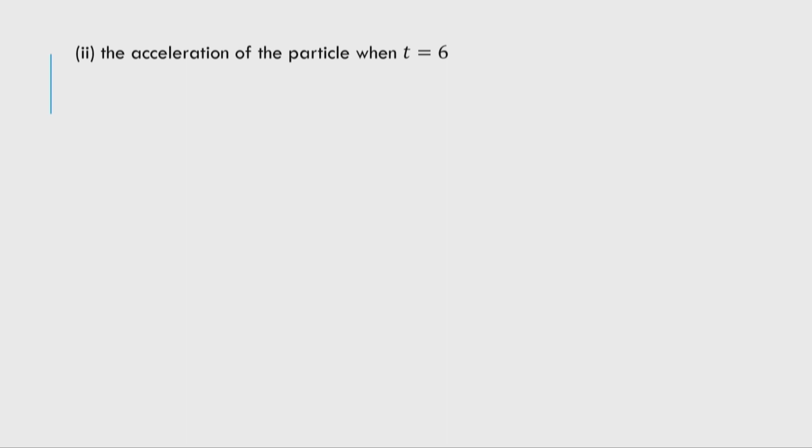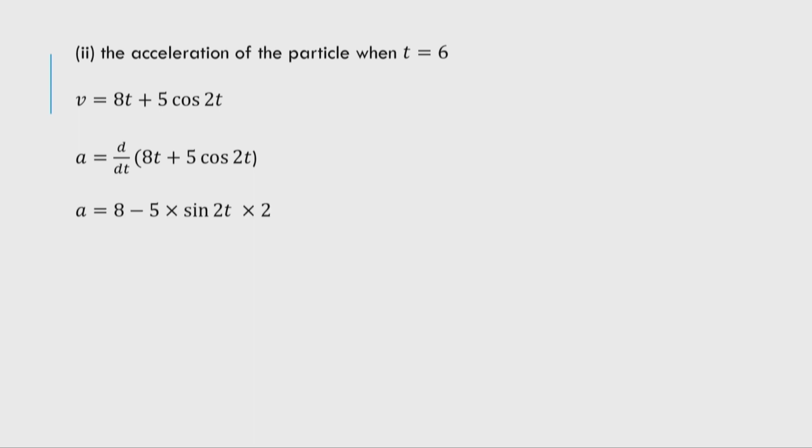Part 2. The acceleration of the particle when t is equal to 6. V is equal to 8t plus 5 cos 2t. Differentiating, we get a is equal to differentiation of 8t plus 5 cos 2t with respect to t. a is equal to 8 minus 5 multiplied by sine 2t multiplied by 2, noting that 2 is the differentiation of the angle, which gives a equal to 8 minus 10 sine 2t.